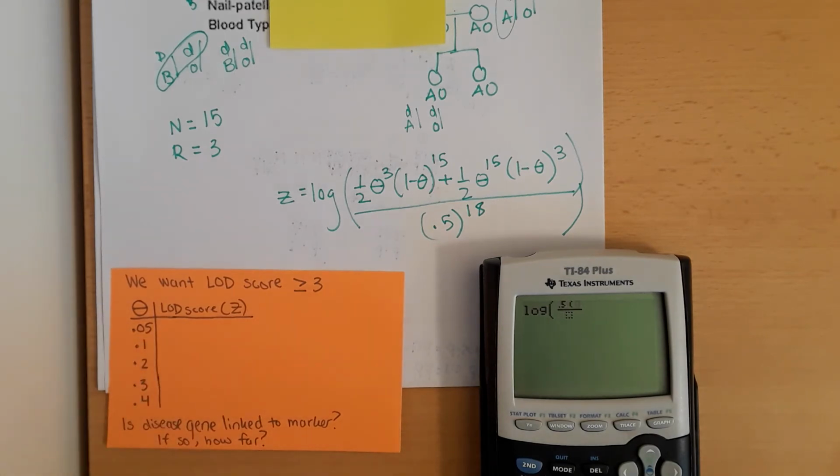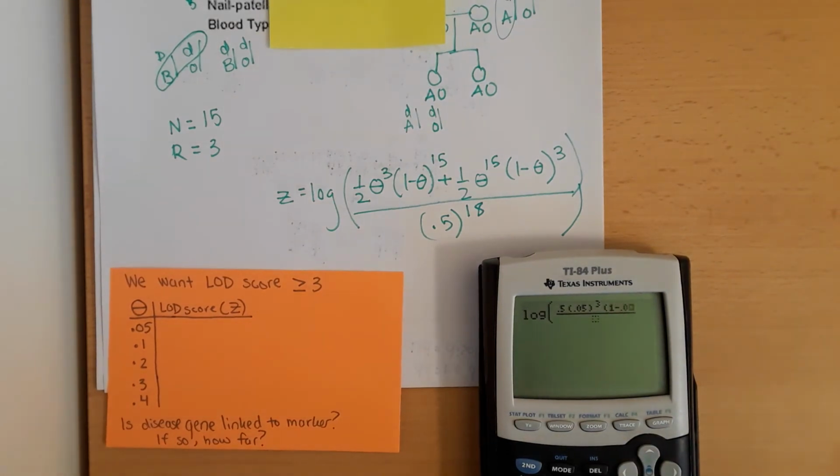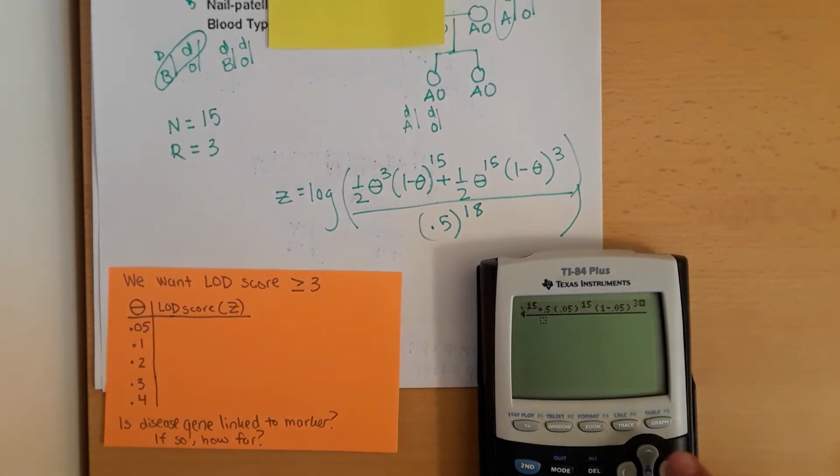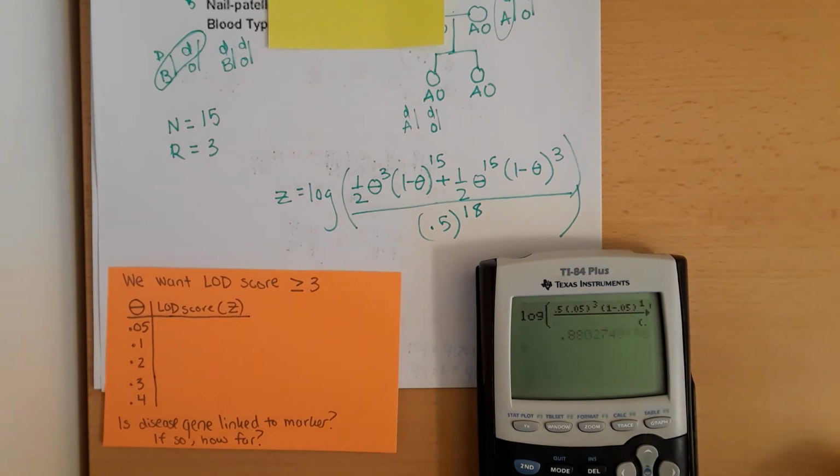You always plug in 0.05 first, or whatever order you want to go in. 0.05 to the third, 1 minus 0.05 to the 15th, plus 0.5 times 0.05 to the 15th, 1 minus 0.05 to the third, divided by 0.5 raised to the 18th, and we're going to get 0.88.